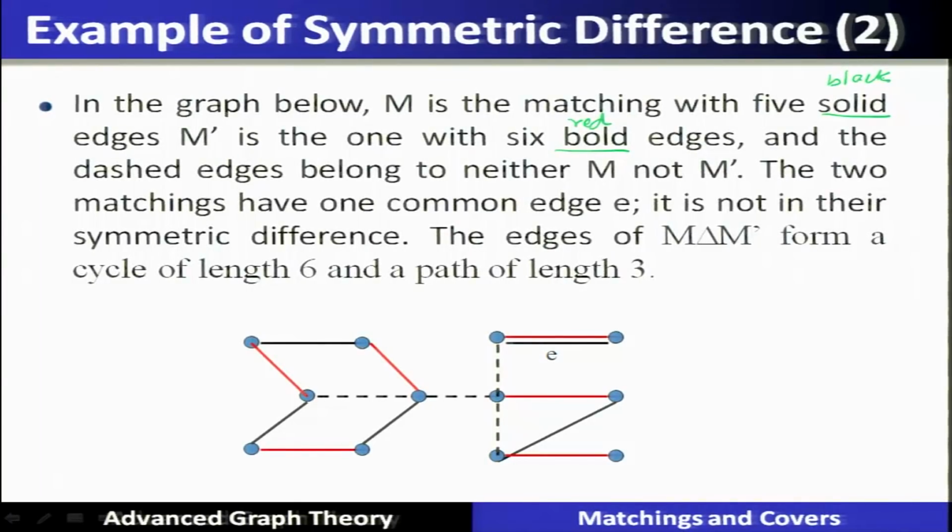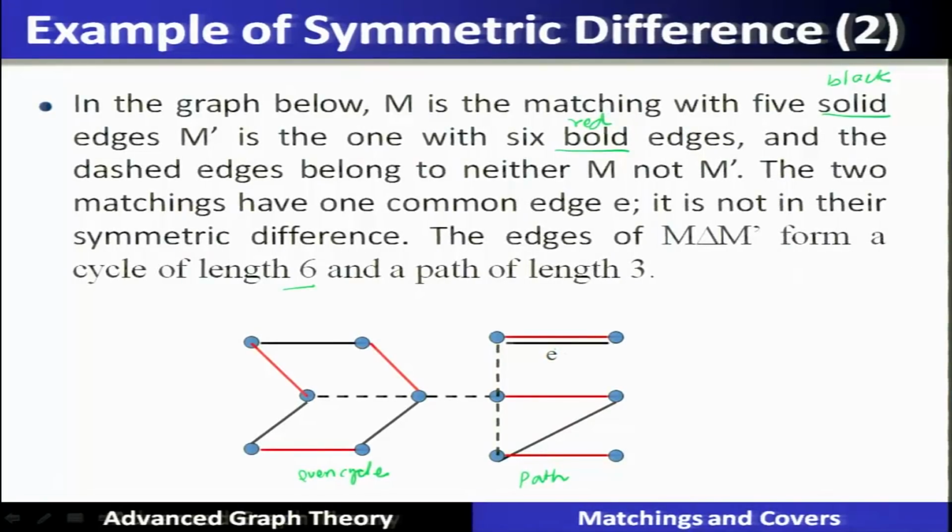If we take the symmetric difference of these two matchings, we will see there is a cycle of length 6, that is an even cycle, and we will get a path of length 3, that is 1, 2 and 3.